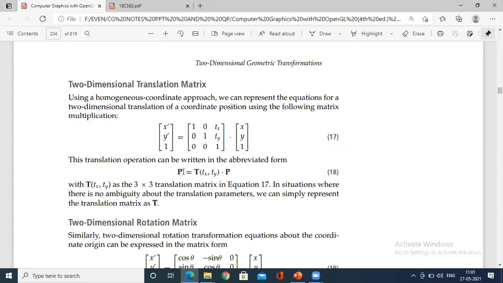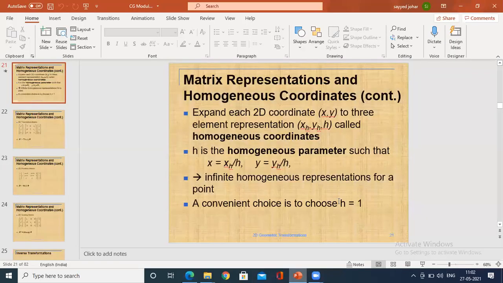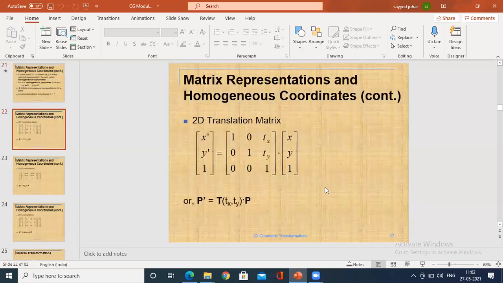P dash is the new point. After multiplying this, you get where P is a column matrix consisting of homogeneous coordinates x, y, 1, and Txy is the translation factor along x-axis and along y-axis. This is not the z-axis, it is through the homogeneous coordinate system. This you need to remember.